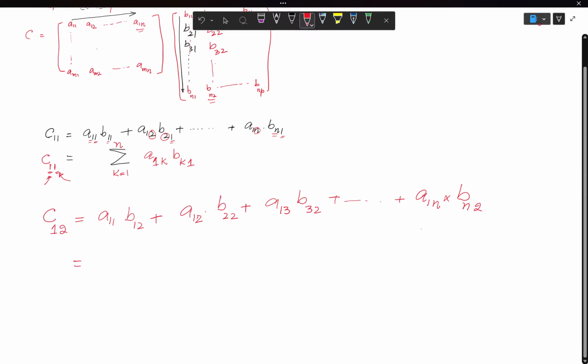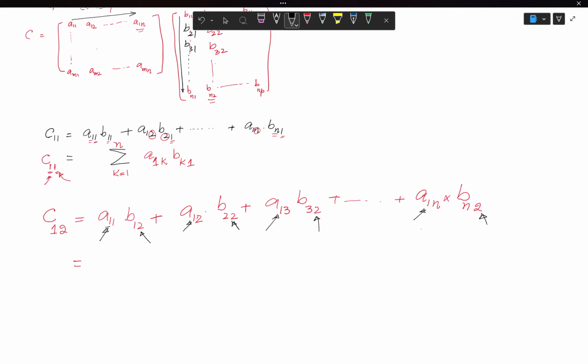So you can recognize the indices. The first index of A remains fixed throughout, and the second index of B is also fixed in all the terms. You can notice this.